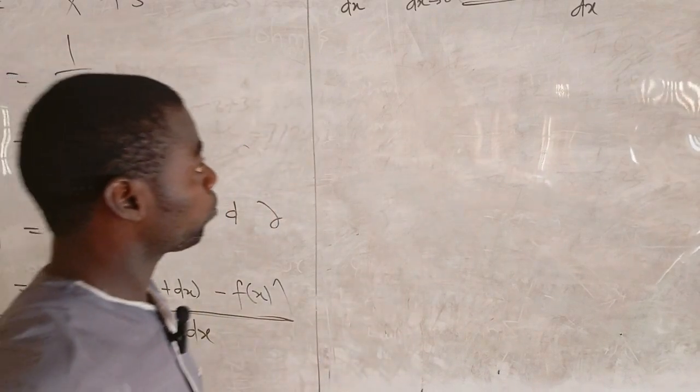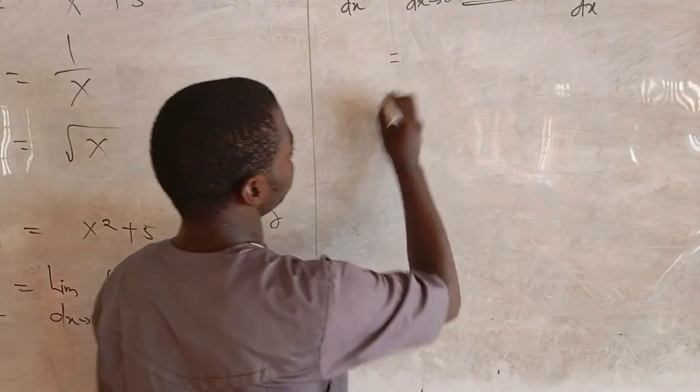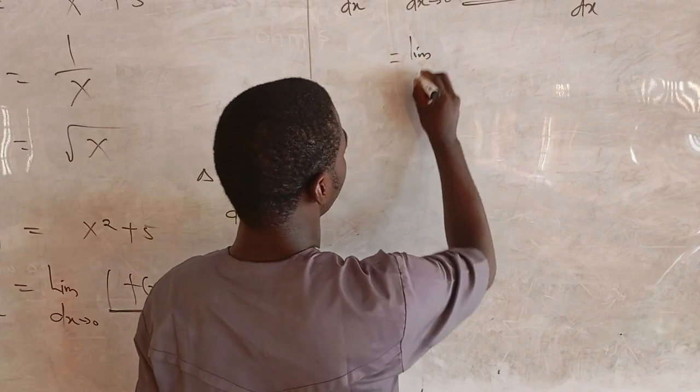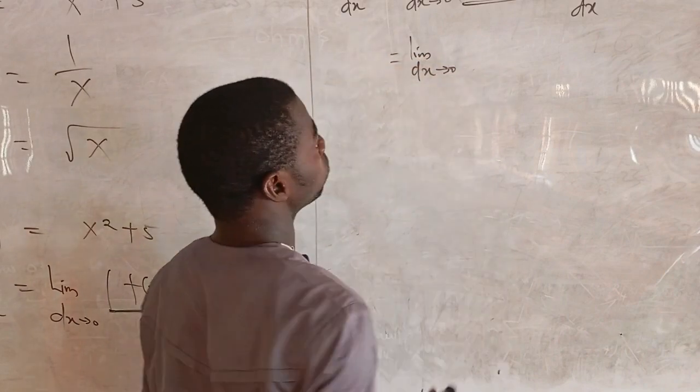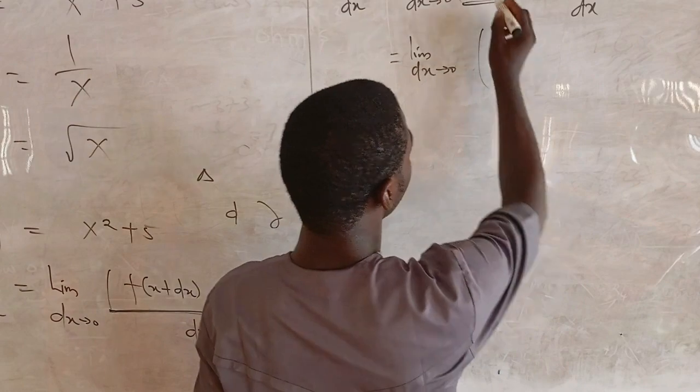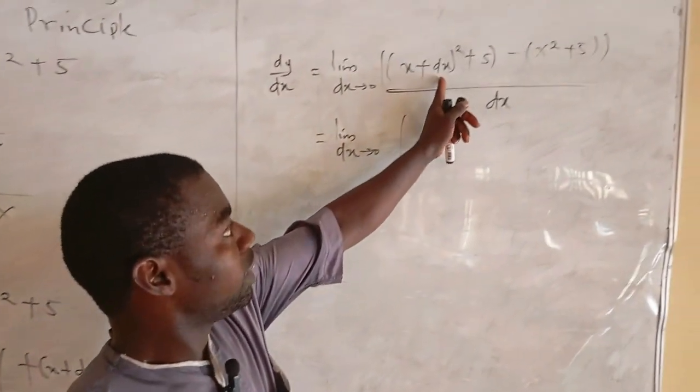Moving on, this will be equal to the limit as dx approaches 0 of x plus dx squared.